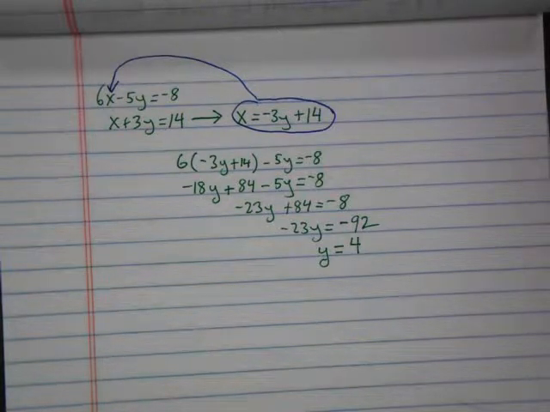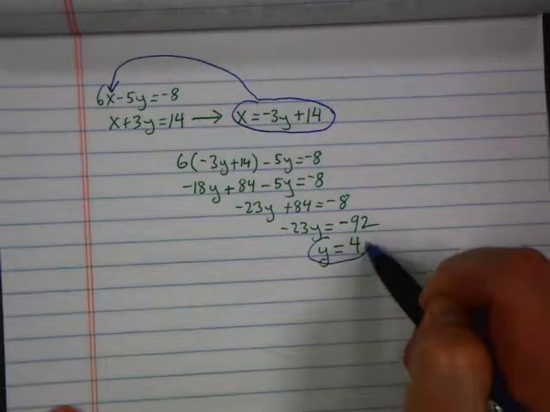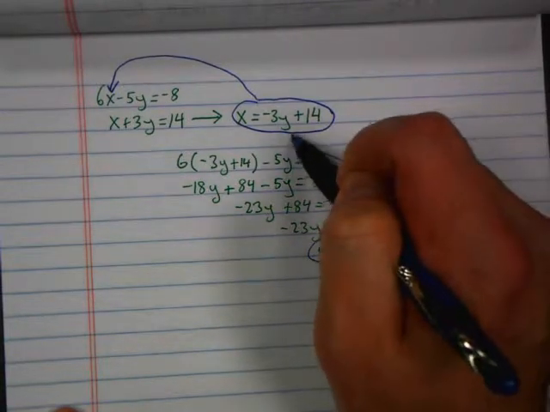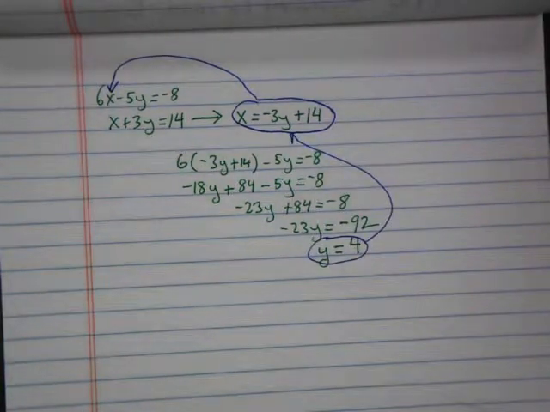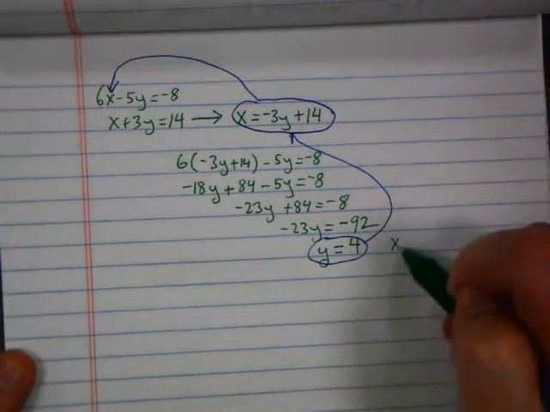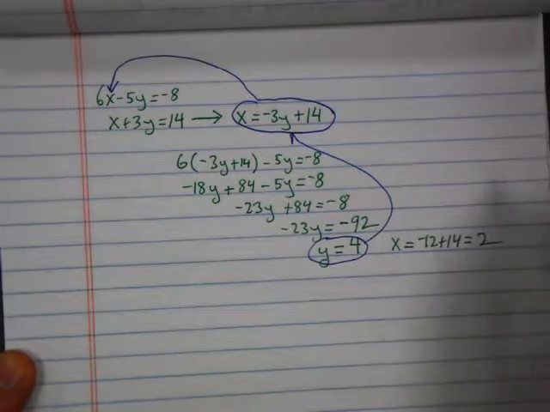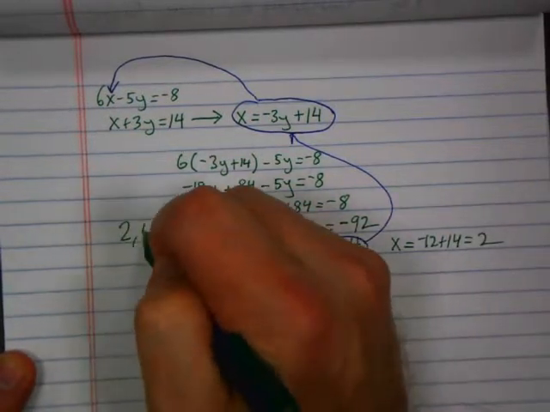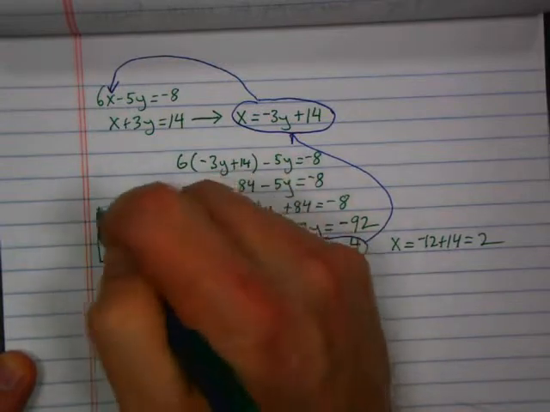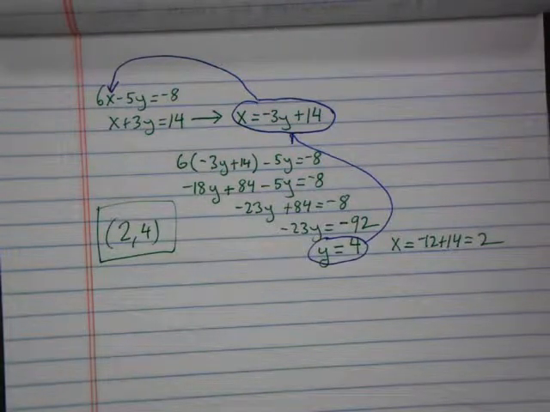One last thing to do: plug the 4 back in. Where should I plug it in? My opinion is I plug it into the solved one. That's the easy one to do. x would be -12 plus 14, which is 2. So my answer is 2, 4. Questions on that?